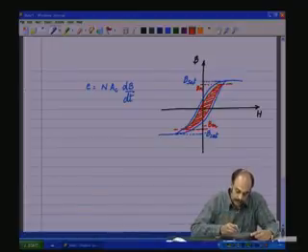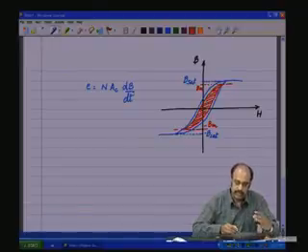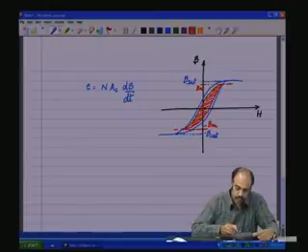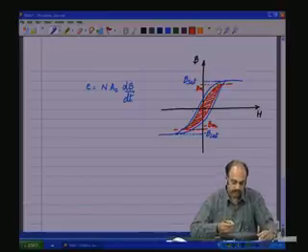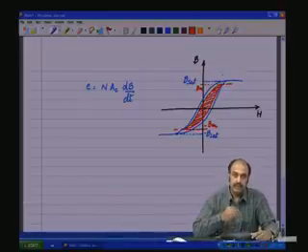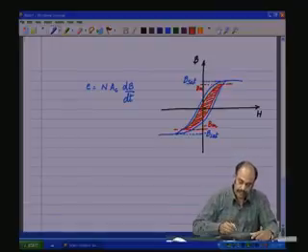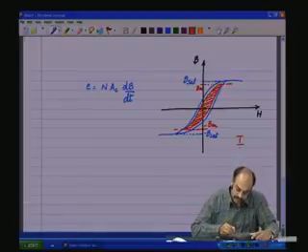Now, going from minus Bm to plus Bm takes half a cycle, and again from plus Bm to minus Bm takes another half a cycle. So, minus Bm to plus Bm to minus Bm is one full cycle. Let us take any one half cycle, which is the flux density swinging from minus Bm to plus Bm in a time span of T by 2.